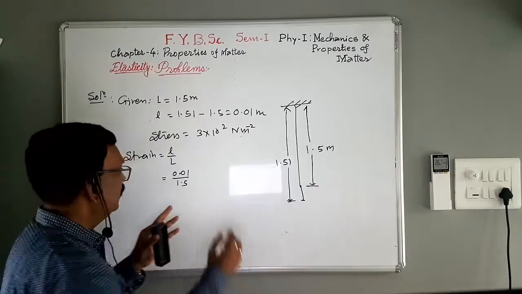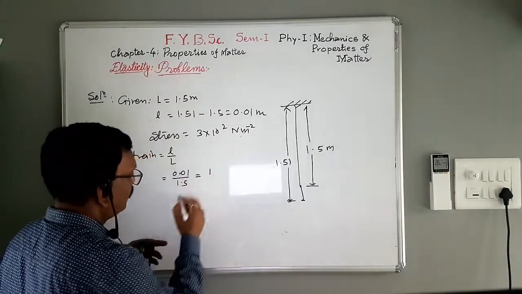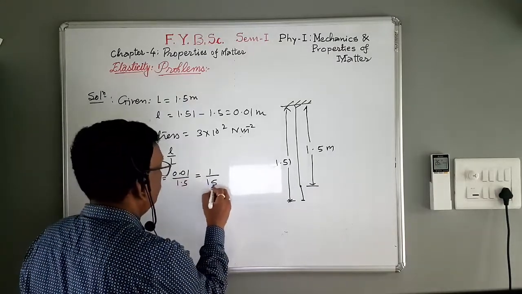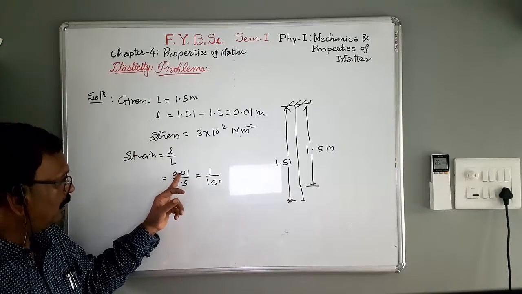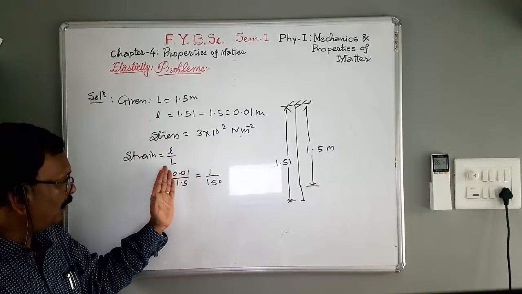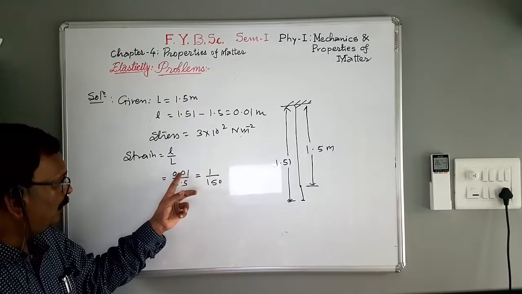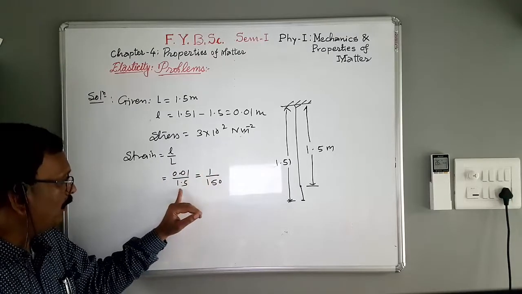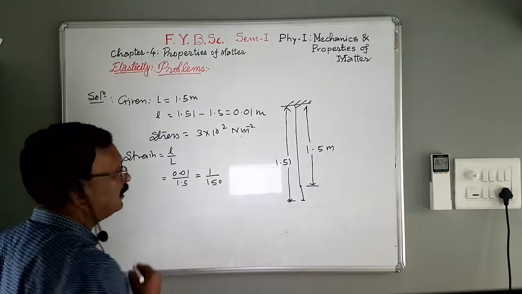Simply, we shift the decimal point 2 digits: instead of 0.01 we can write 1, and instead of 1.5 we get 150. So strain is 1 upon 150.